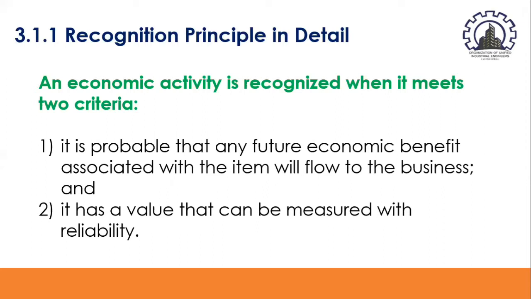Therefore, an economic activity is recognized when it meets two criteria. First, it is probable that any future economic benefit associated with the item will flow to the business. And second, it has a value that can be measured with reliability.